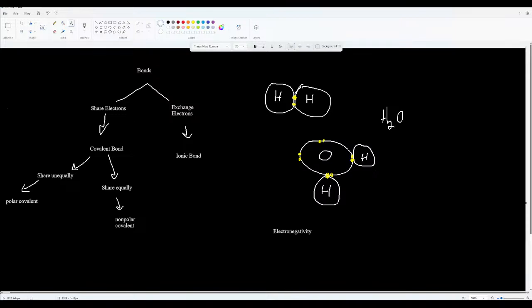Electronegativity means the affinity for an element to pull electrons towards itself. Did you get that? Electronegativity means an element's affinity to pull electrons towards itself. What a mouthful, right? Electronegativity in itself is also a mouthful, right?